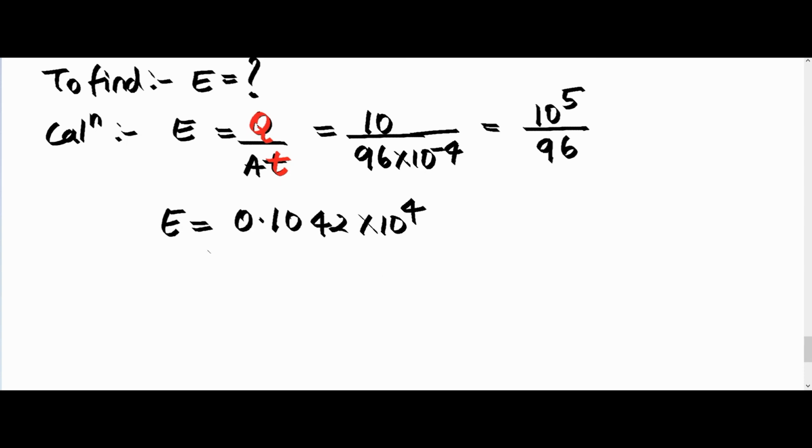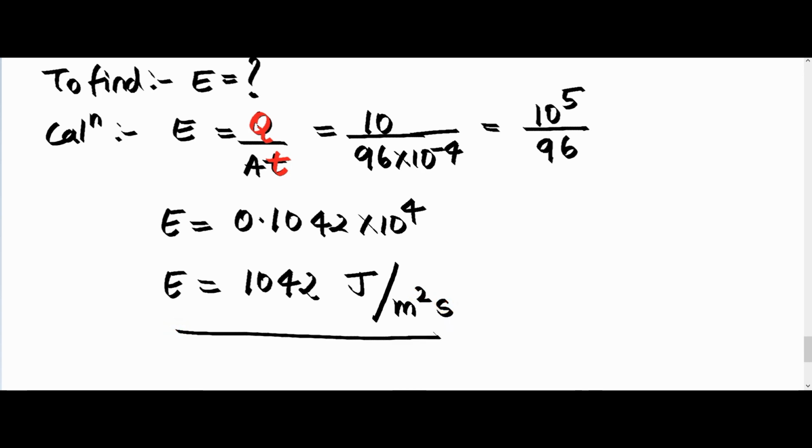If we adjust this decimal point with this power, then we will get the number as 1042, and the unit is going to be, so here Q will have unit as joule, A will have meter square, time will have second. So joule per meter square second. So this is going to be our emissive power.